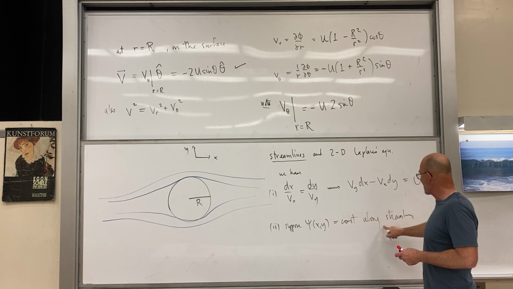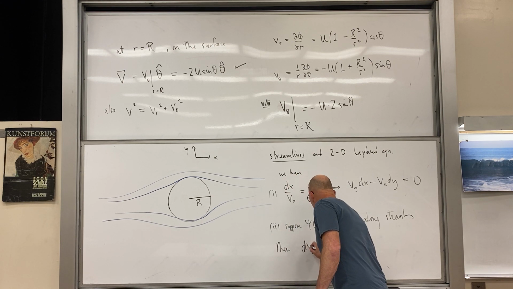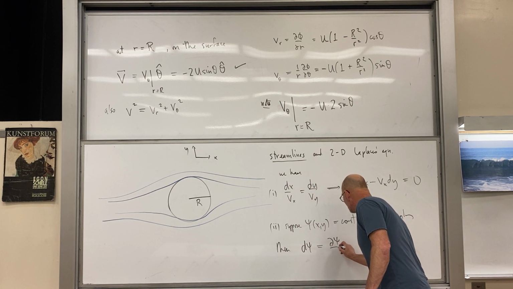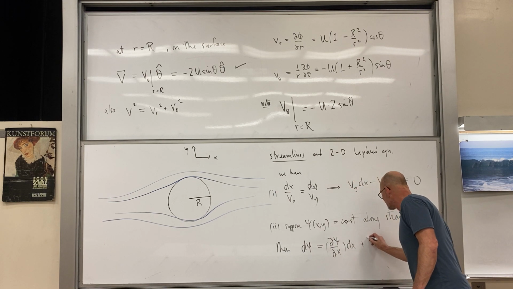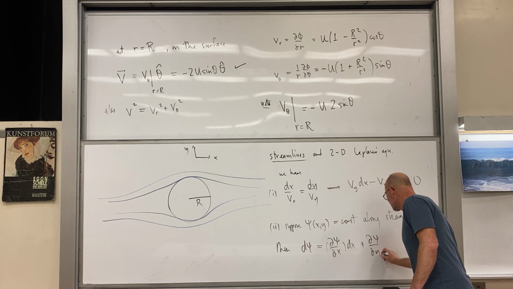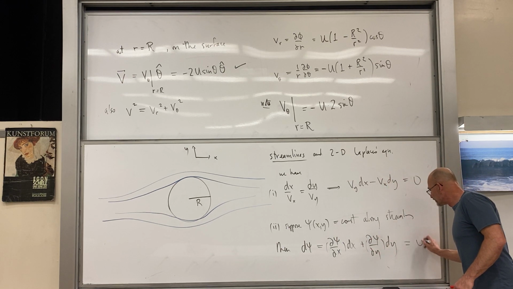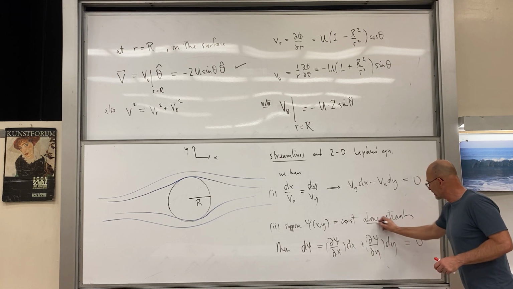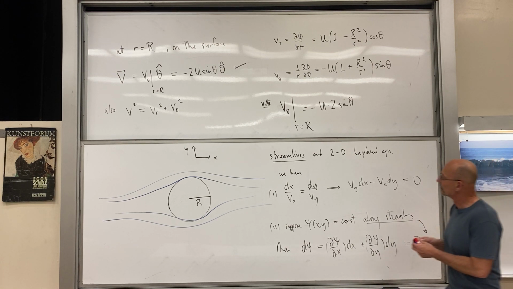So suppose we have that, then dC equals ∂C/∂x dx plus ∂C/∂y dy equals 0 along a streamline. Okay. So again, this is along a streamline.